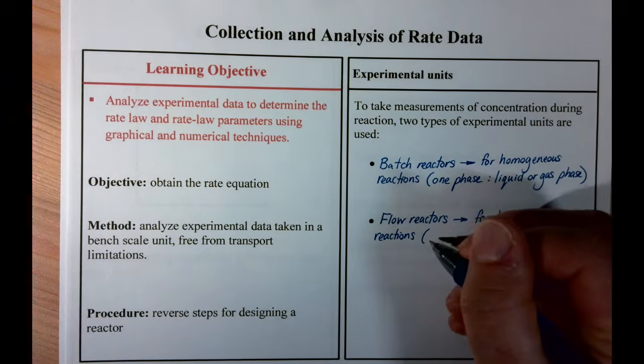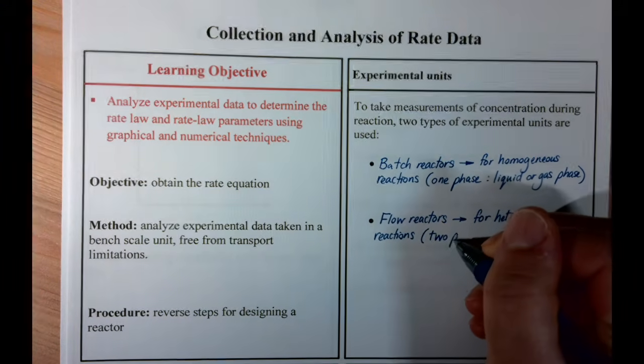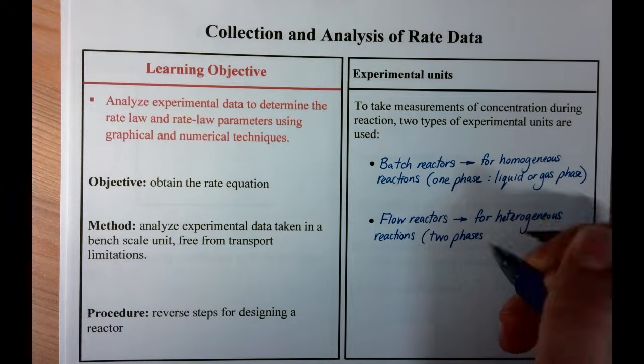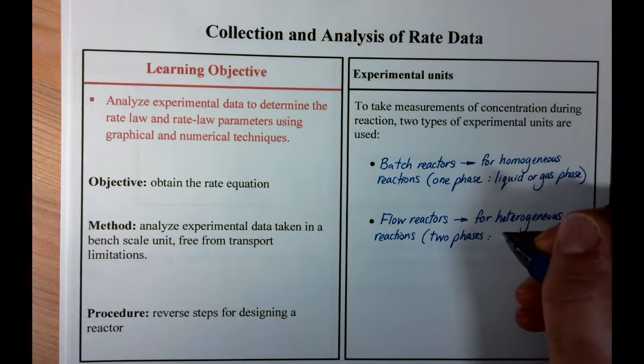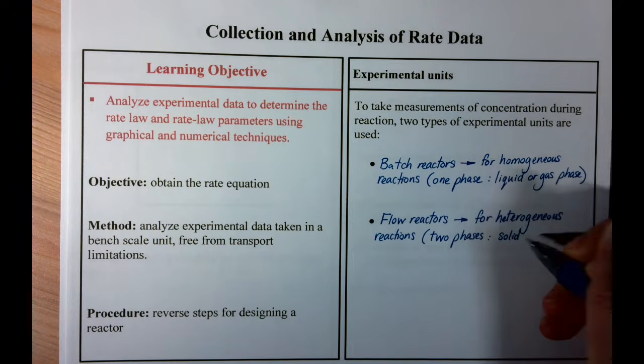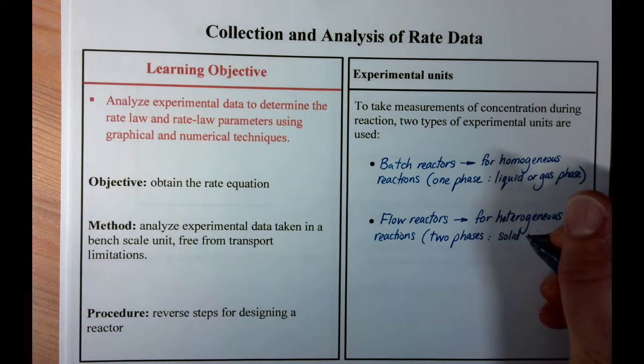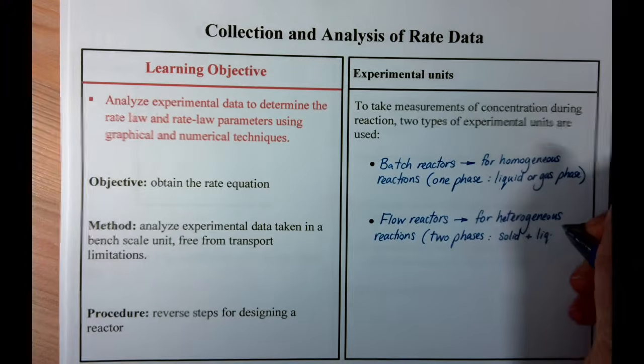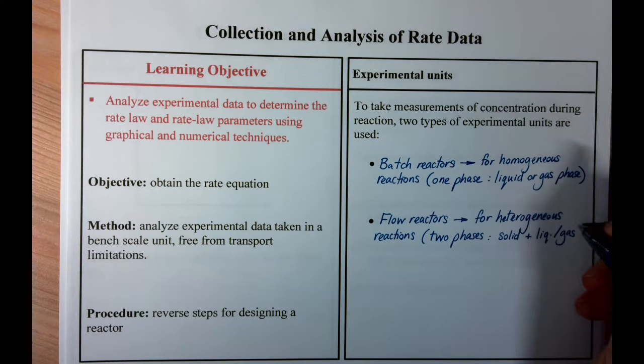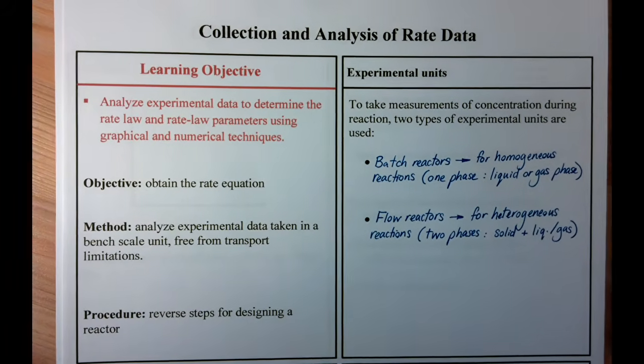In other words, in these types of systems, there are two phases present. One of them is a solid phase, usually a catalyst. And the other phase is either a liquid or a gas phase, where the reactants are.